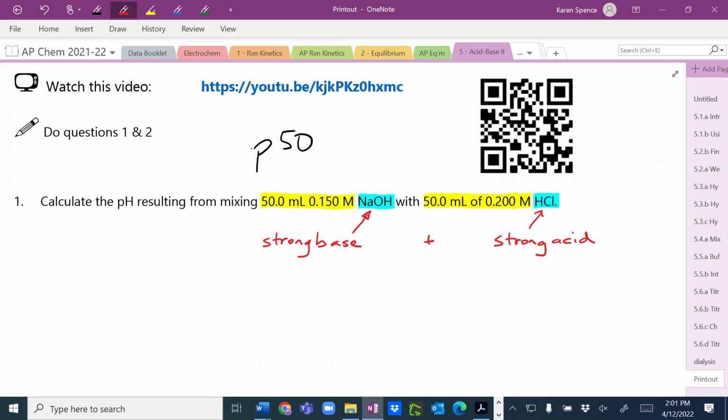They react. What do we get as our product? NaCl plus H2O. Okie dokie.